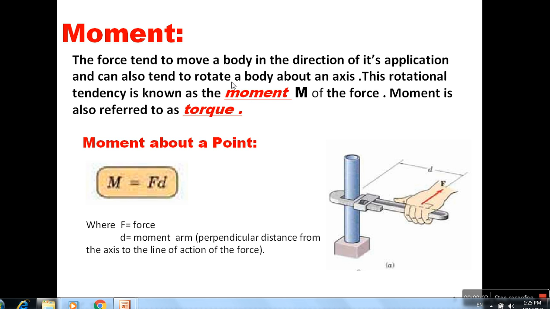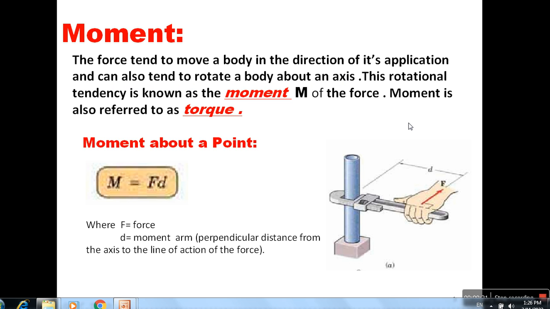Moment. A force tends to move a body in the direction of its application and can also tend to rotate a body about an axis.